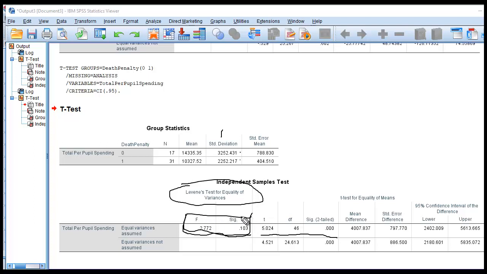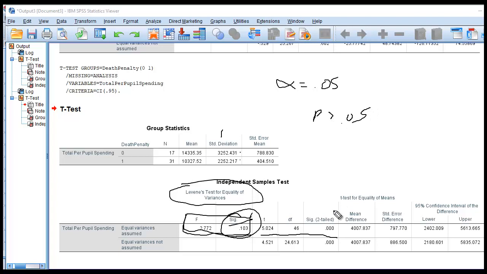When we look at the significance level that's printed out right here, we can still adopt an alpha level of 0.05. In this particular case, we're shooting for a p-value, because the significance value right here is a p-value, that is greater than 0.05.